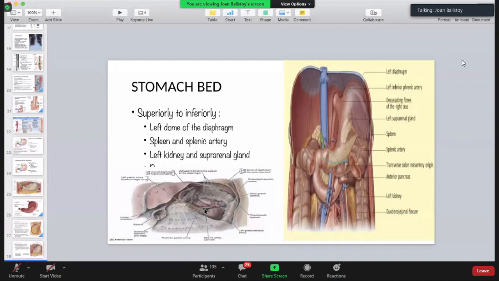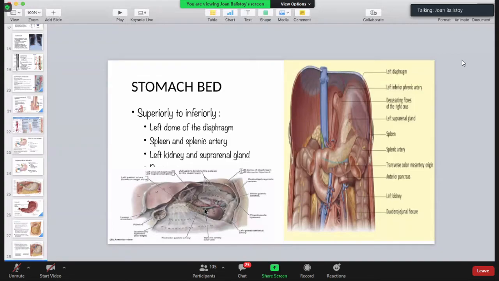Your short gastric vein and the left gastroepiploic vein drain into the splenic vein and join the superior mesenteric vein to form the portal vein. Okay? So again, your short gastric vein and your left gastroepiploic vein will drain into the splenic vein. The splenic vein and the SMV will join to form your portal vein.